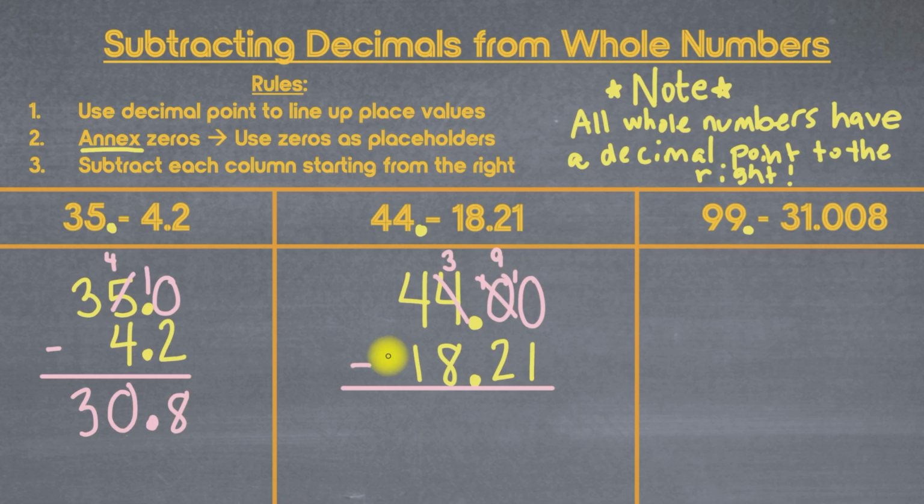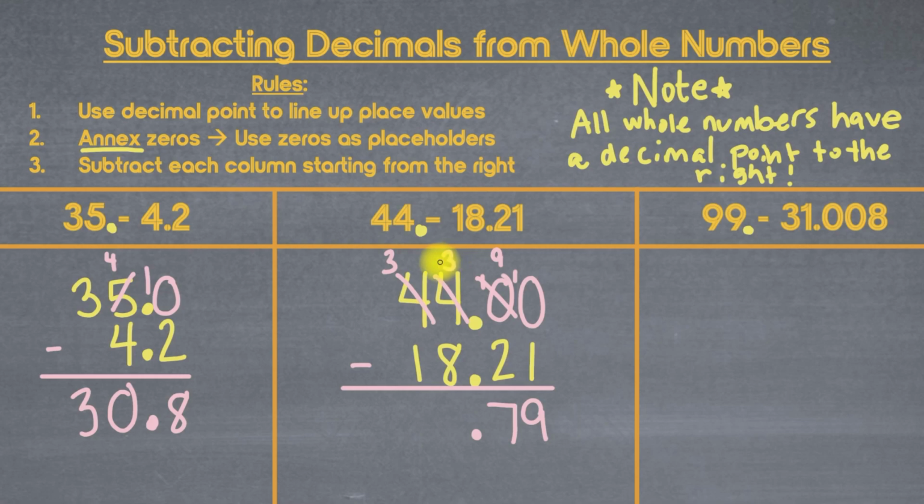So now we've got 10 minus 1, which is 9. 9 minus 2, which is 7. I'll bring down my decimal point directly under the other decimal points. And then I'm going to this column here. But here, now I've got 3 minus 8, which that's a no can do. We're going to have to borrow from this 4, which means this 4 here will become a 3.